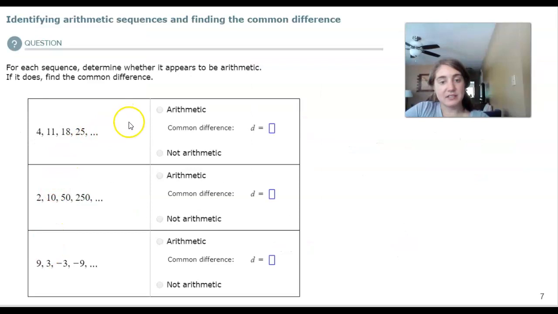This is asking, if it's arithmetic, meaning if it has a constant pattern, what is our common difference? What are we adding each time? Non-arithmetic would mean it doesn't have a constant thing that's being added each time. So let's see if we can find a consistent thing added. Well, that's plus 7, plus 7, plus 7. So we're going to say our common difference, what we're adding each time, is 7.